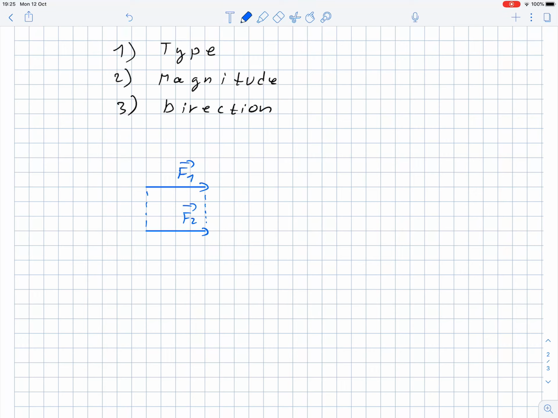They have the same magnitude, as I can see, the same length of this vector, and the same direction. Then, because all those three conditions are satisfied, we can say that those two vectors are the same. This is example 1.